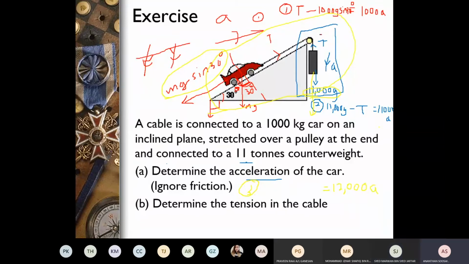The force pulling it down is 11,000 G, minus the force opposing, which is mg sin 30. Which M? The car, 1,000 G sin 30.